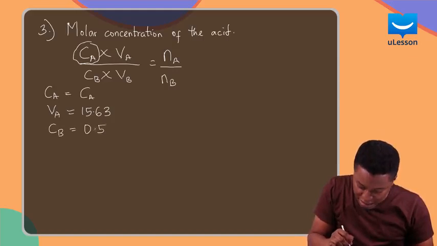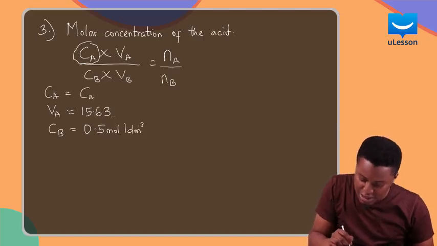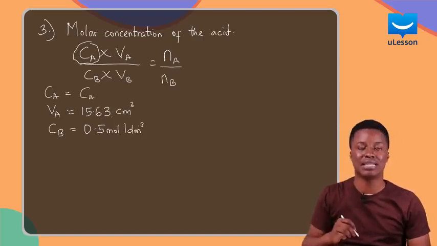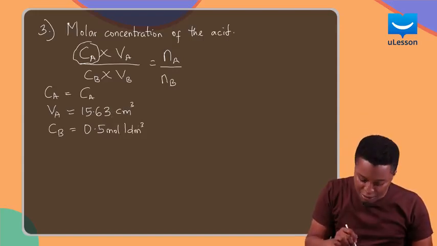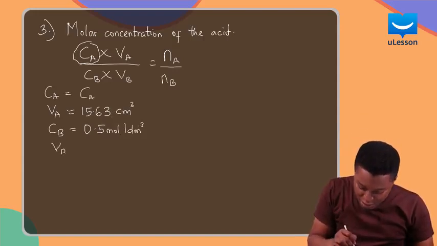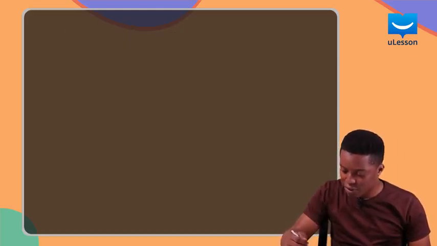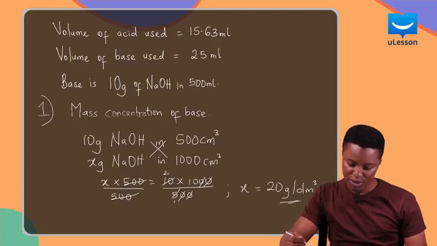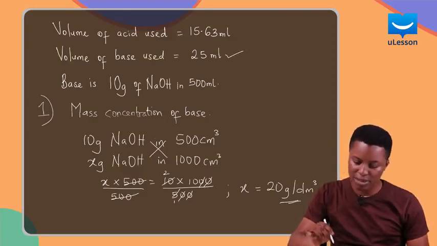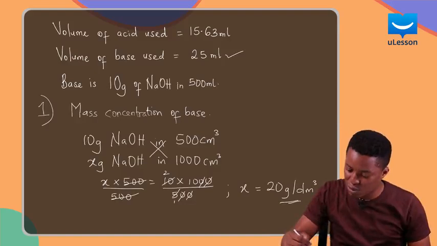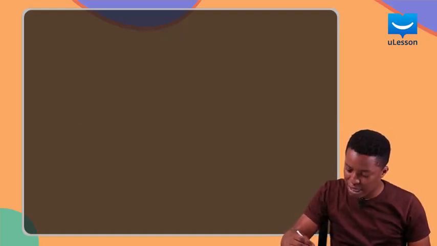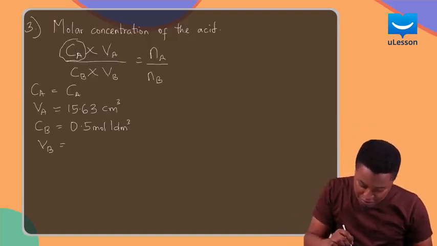We solved for that earlier. So this is milliliters or cm cube. Remember, we said that they are the same thing. Next, the volume of the base. We were given the volume of the base to be 25 milliliters, which is also 25 centimeters cubed.